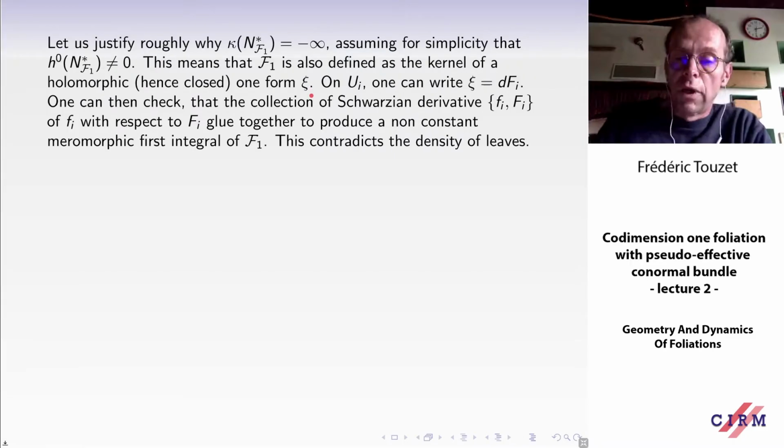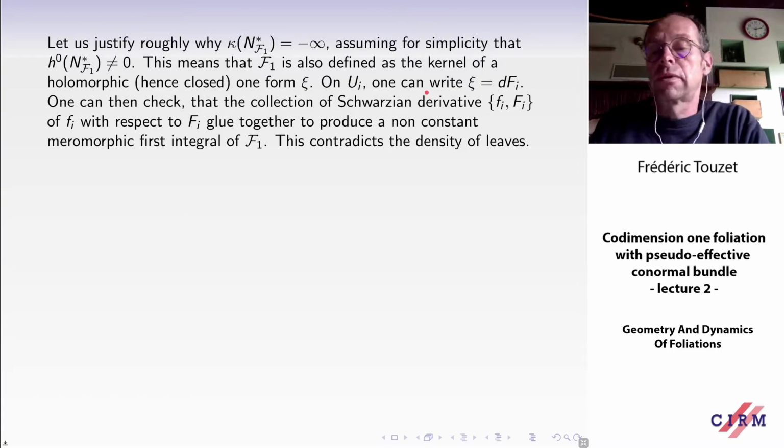So this one-form psi is closed, so locally it's the differential of holomorphic functions. One remarks that F then comes equipped with two transverse structures: on one hand, the original transversally hyperbolic structure, and on the other hand, a transversally translation structure given by the F_i.